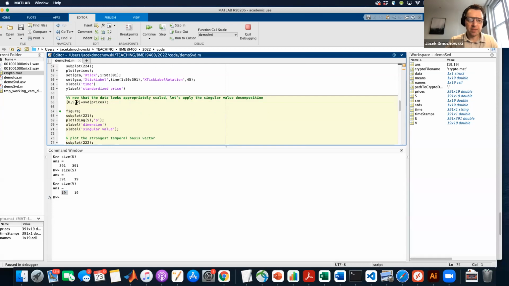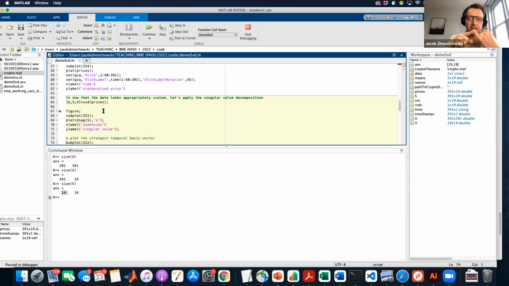You can think of S as being a set of eigenvalues. If you have a square matrix, you can do an eigenvalue decomposition. But in general, a matrix will not be square, and you can't do eigenvalues on a rectangular matrix, but you can always do an SVD. Every single matrix has an SVD.